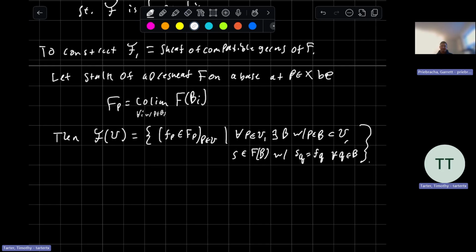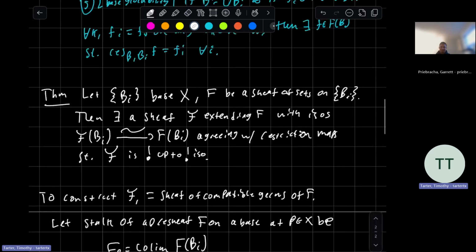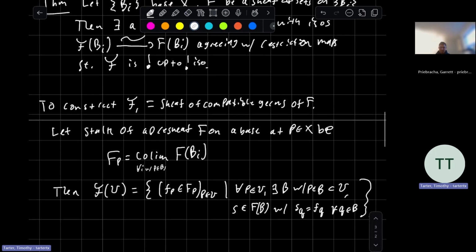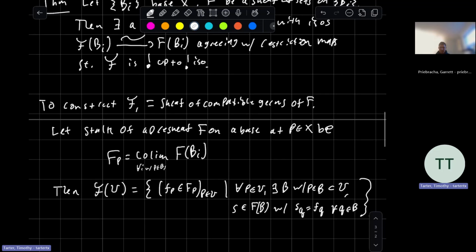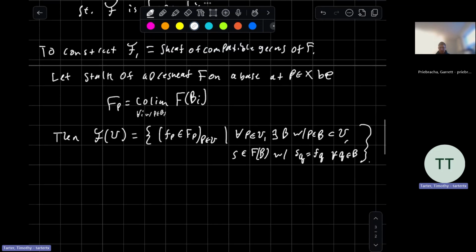And then this is a sheaf for the same reasons that the sheaf of compatible germs was. Then we just want to show that there's an isomorphism between this sheaf and F of Bi.